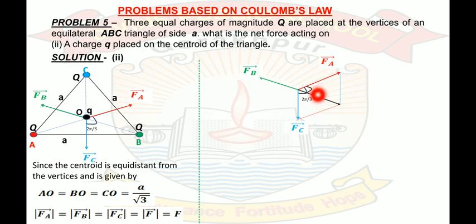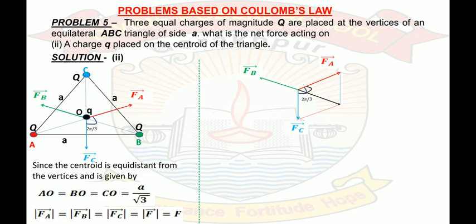This angle is going to be 60, half of 2 pi by 3, that is 120 degrees. So it will be half, 60 degrees. If we add them, it will become 180 degrees. So we can say that the resultant of Fa and Fc is just opposite to Fb.